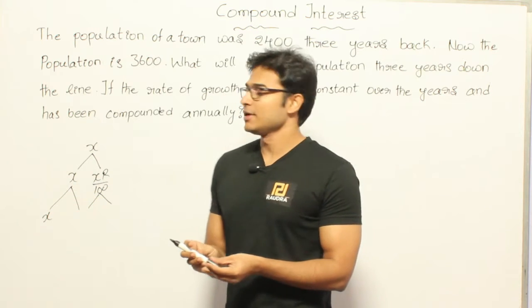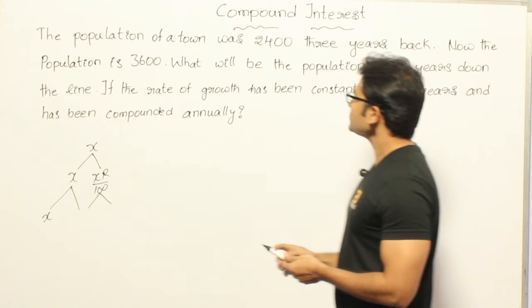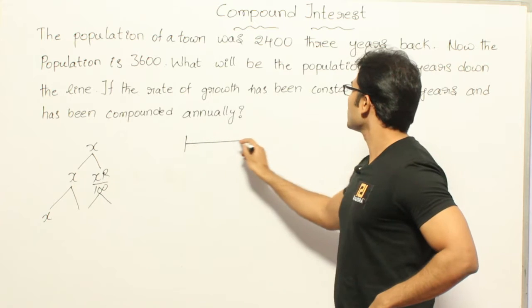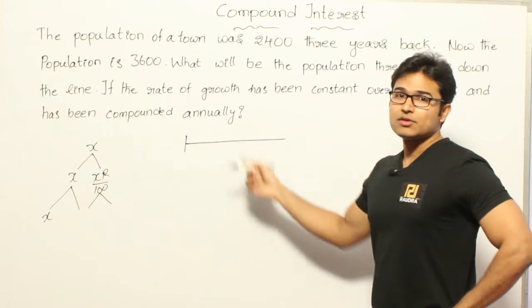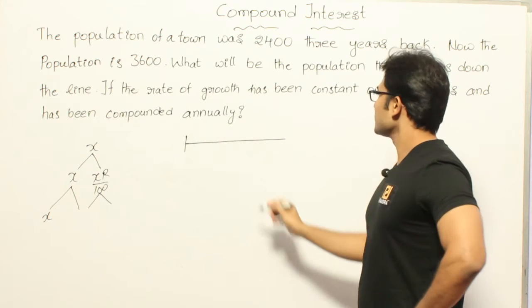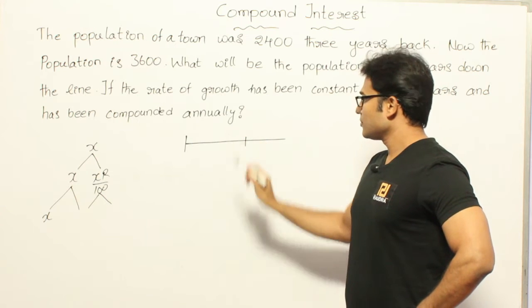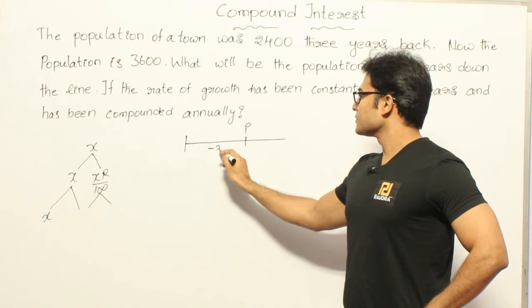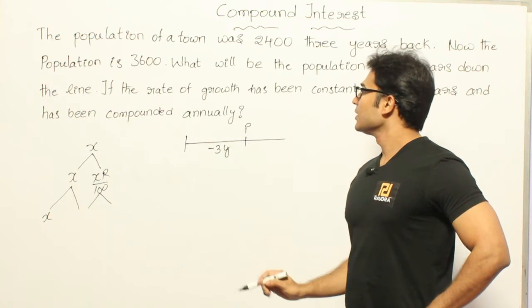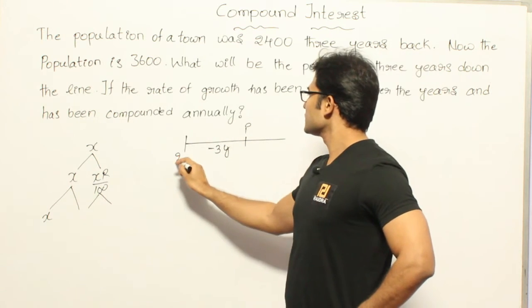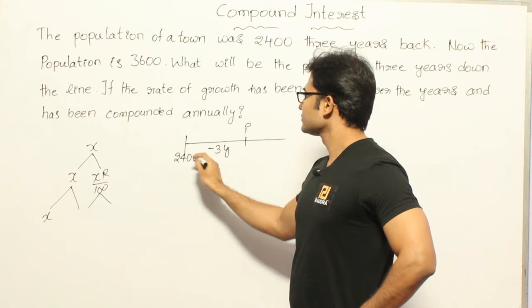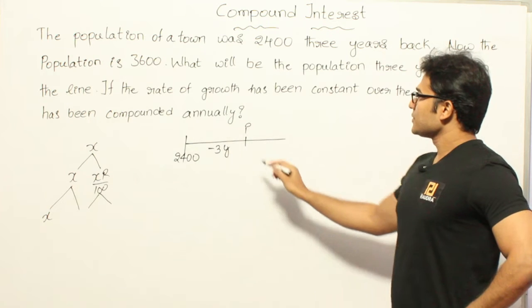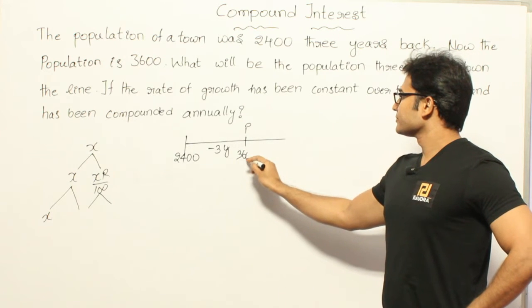Now it is given that the population of a town was 2400 3 years back. So if you assume that this is the present, 3 years back, minus 3 years, the population is 2400, and as of now the population is 3600.